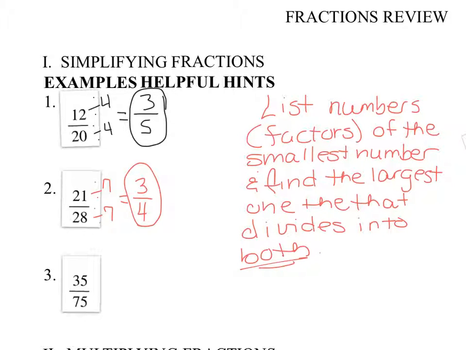Nothing that I can think of. 5 times 7 is 35, but 35 doesn't go into 75, so I'm thinking it's 5. So let's divide by 5 and 5. I'm going to get 7, and 75 divided by 5 is 15, so it's 7 over 15. Okay, so that's how you do simplifying fractions.